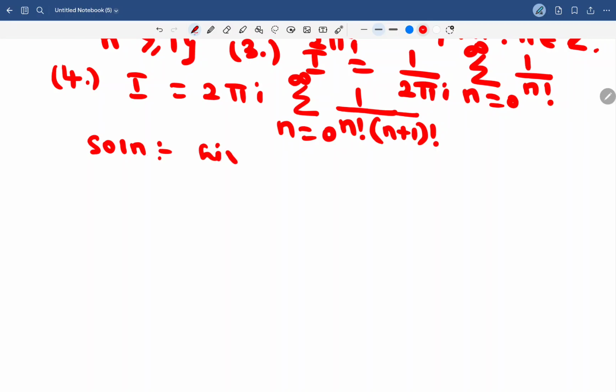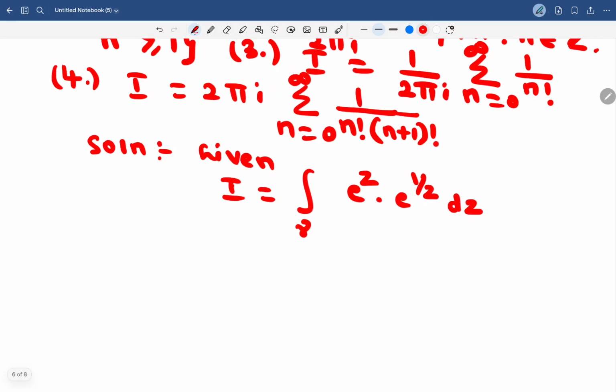What is given? I, which is equal to the integral over gamma of e power z e power 1 by z dz.